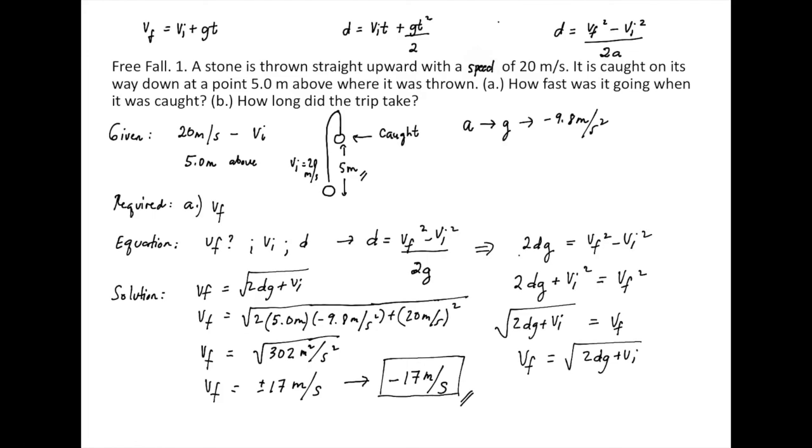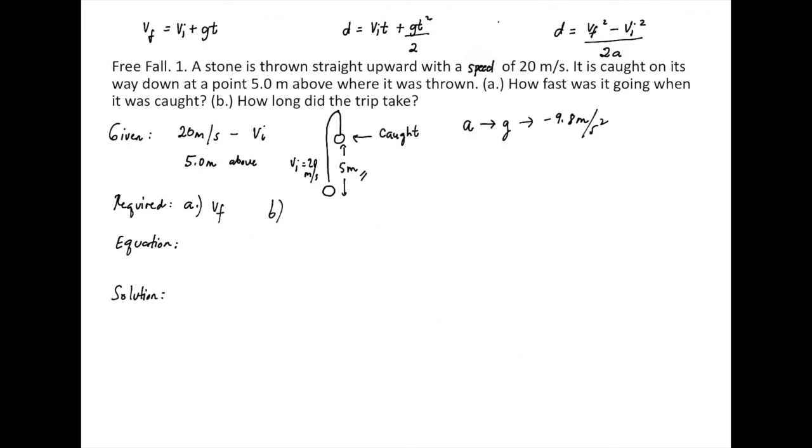Now let's have the letter B question. How long did the trip take? Let me erase this first. For letter B, we are asked how long did the trip take? Now we are asked for time. Let's analyze the best equation to use. We have our acceleration.